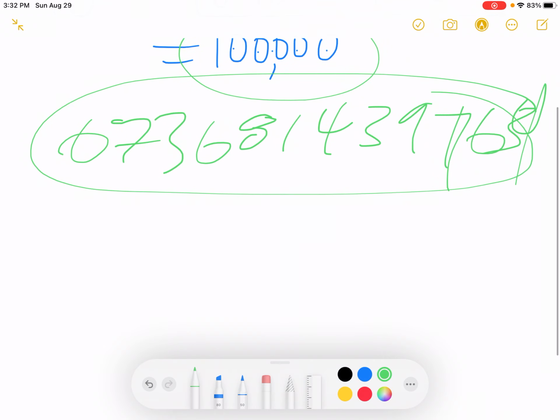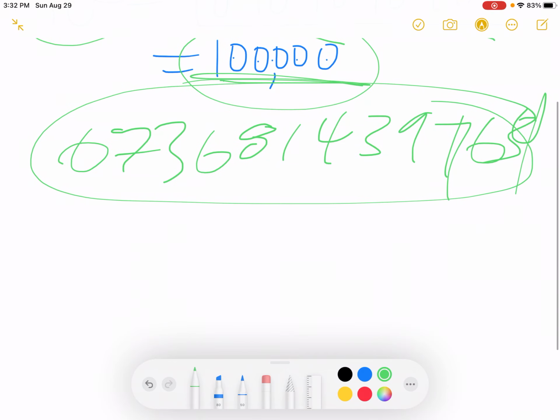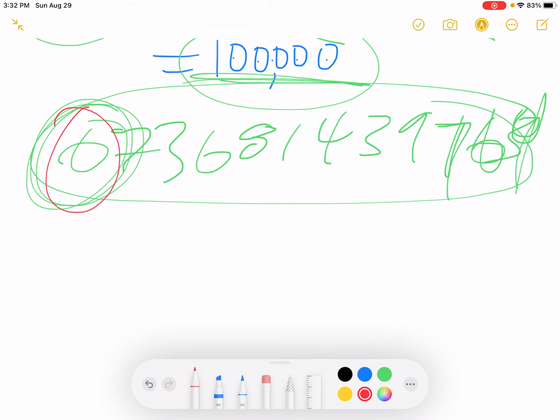So what we do a lot of times, just to write that in short form, is base it on the fact that 10 to the 5 is going to have 5 digits after the first number. So you think of it as 1 and then 5 digits after it. We do the same thing here. If I had this giant number, just to round, I would say, why don't we just talk about this number right here? So let me change that, 6.